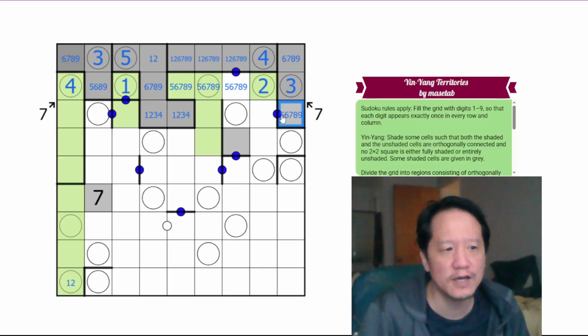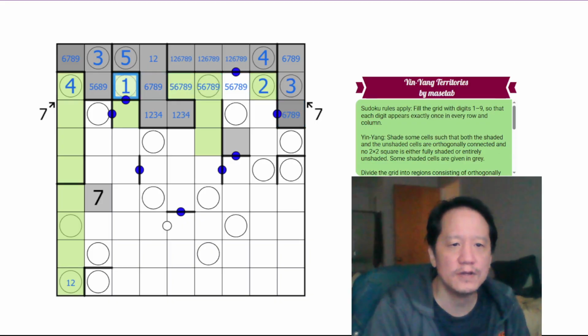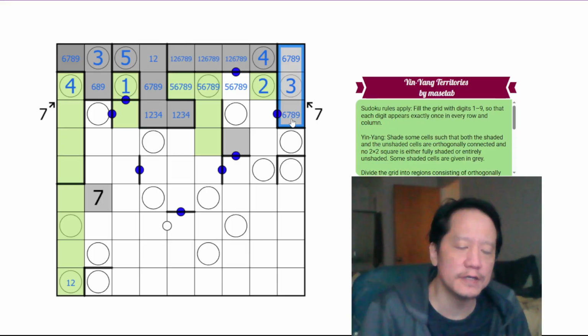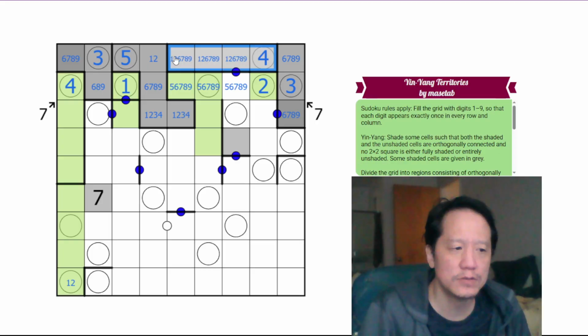So it's 18 or 19, so you cannot have a 5 in either set. So if it's 18, this is 18 here.